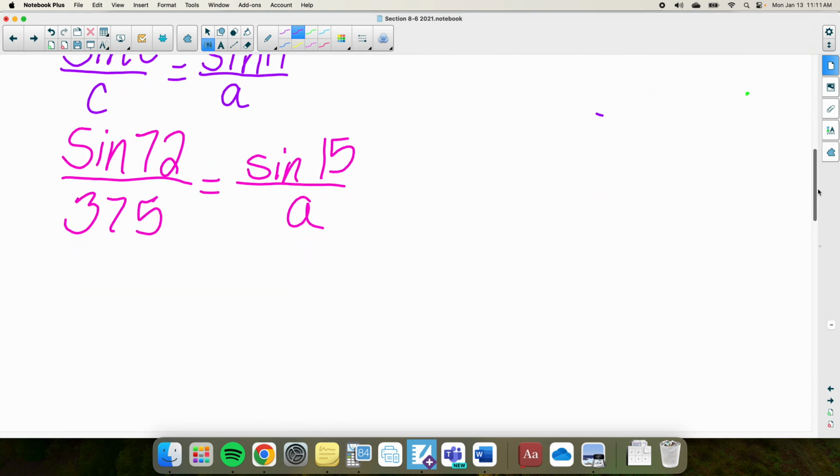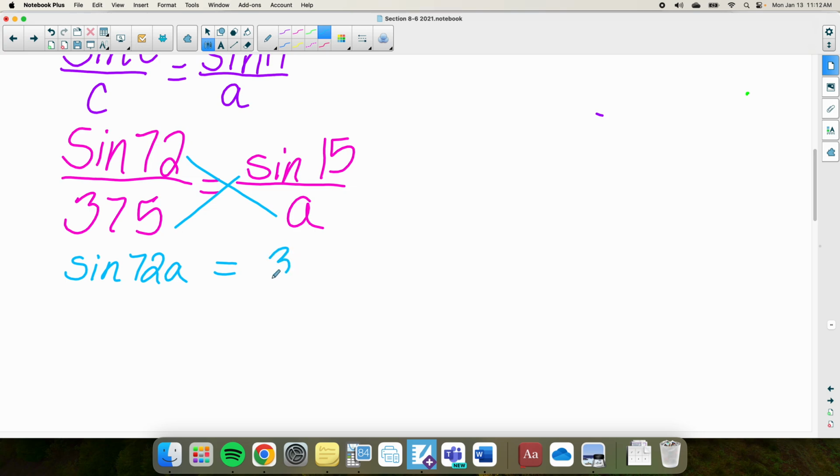Okay, now what we're going to do is cross products again. So we're going to multiply these two, and I'm going to have sine of 72 a. In this, it really doesn't matter if you put the a in front or behind it. But when we do this, it does matter. Do you guys remember how we always want the whole number in front of the trig function?